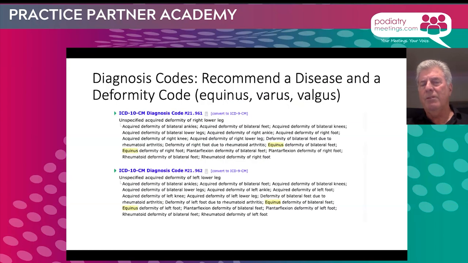And then we should always list a deformity under the diagnosis codes. In most cases, the equinus deformity is what justifies the use of the carbon fiber brace, whether it's bilateral or unilateral. But in some cases, you may justify the use of the brace due to other deformities, such as significant varus or valgus position of the hindfoot or ankle.